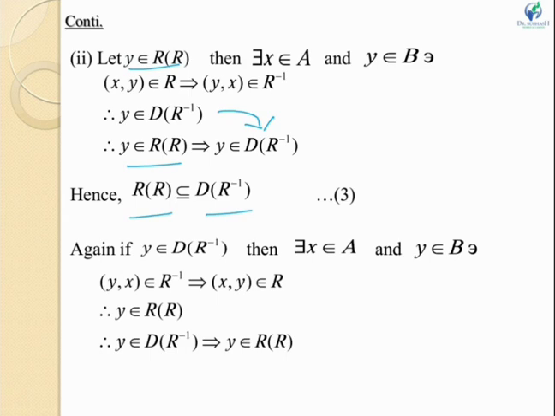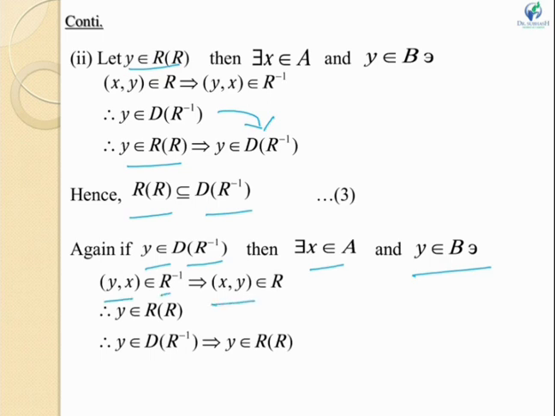Now again, if y belongs to the domain of R inverse, then y must be the first element. Then there exist x belongs to A and y belongs to B, such that (y, x) belongs to R inverse.